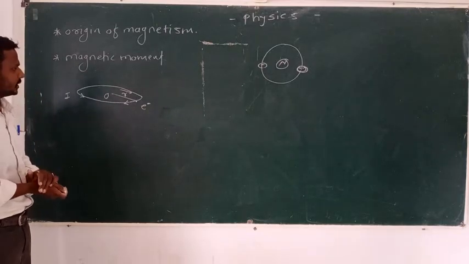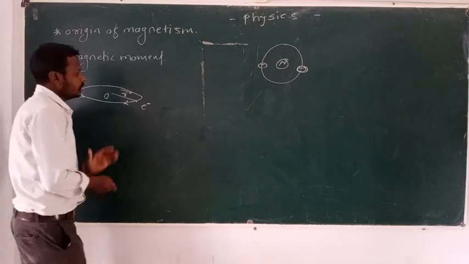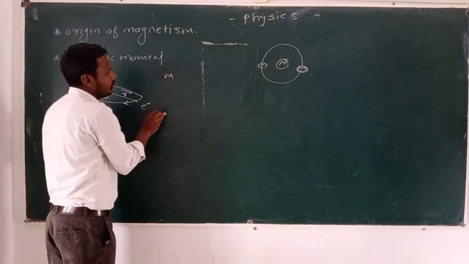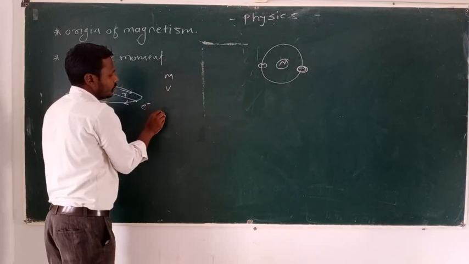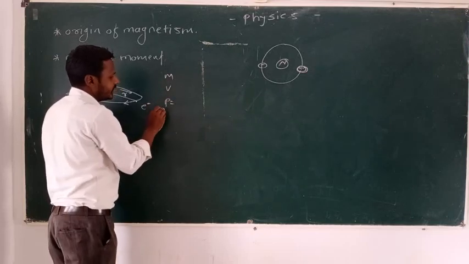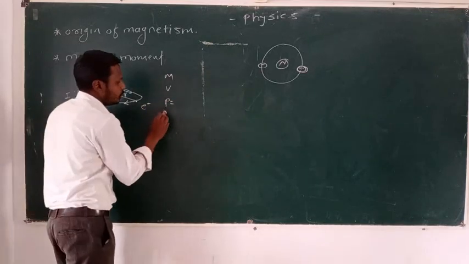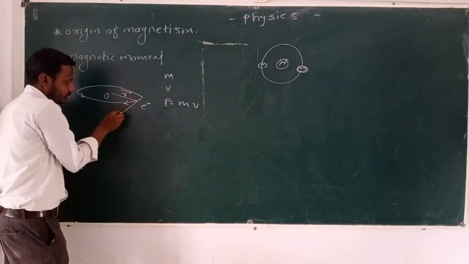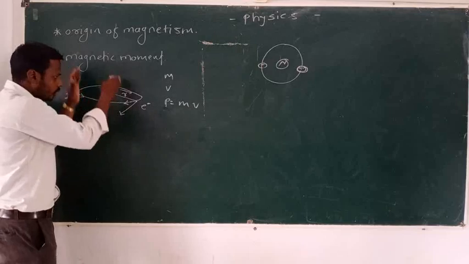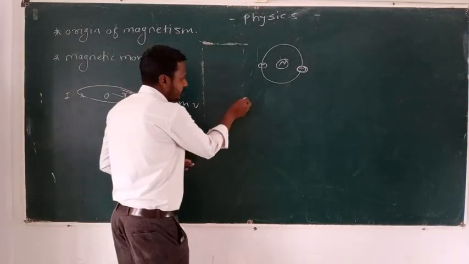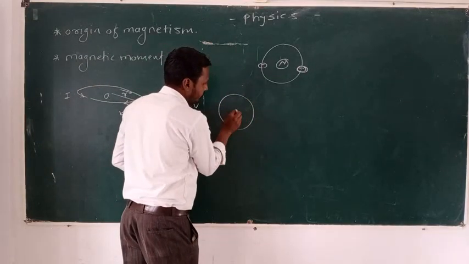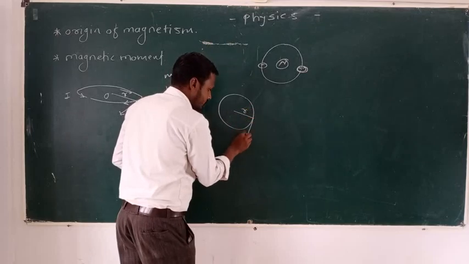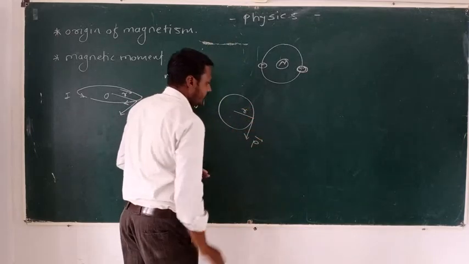Now, if m is the mass of the electron and v is the velocity of the electron, then the linear momentum is p equal to mv. The vertical view of that diagram becomes like this. This is r and this is p bar.